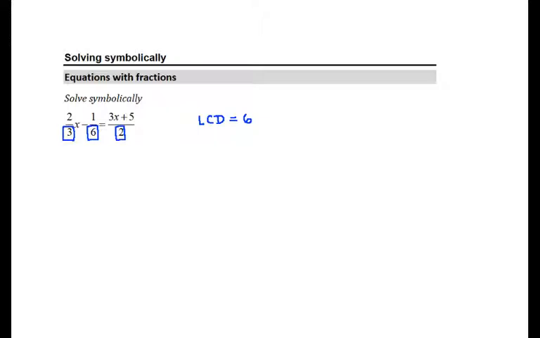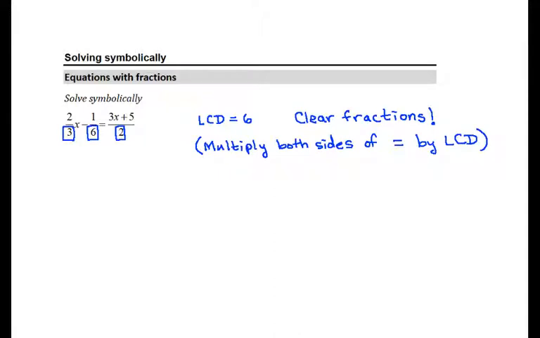What we're going to do is called clearing fractions, and the way we do that is by multiplying both sides of the equation by the LCD. So here's what that looks like. I'll take that 6 and multiply it by the whole left side, and take that same 6 and multiply it by the whole right side.